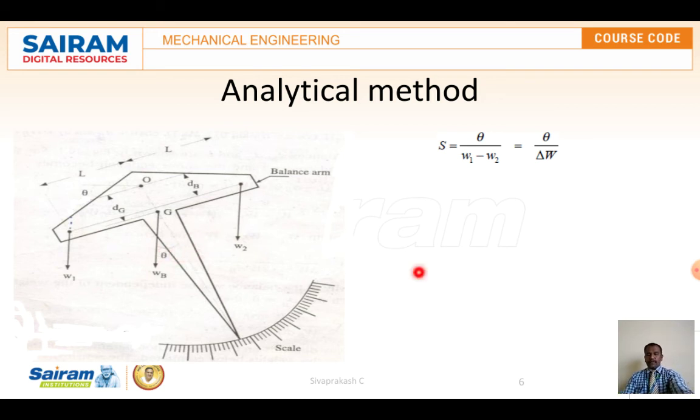Now we are going to take the moment about the point O. So W1 L cos theta minus W1 dB sin theta is equal to W2 L cos theta plus W2 dB sin theta plus WB dG sin theta. While simplifying this formula, we are going to get theta by del W equal to L by (W1 plus W2) into dB plus dG WB.